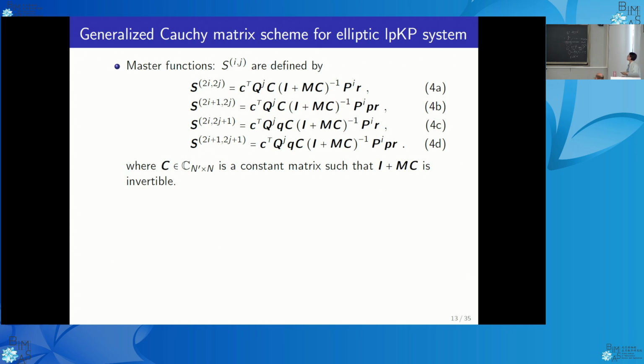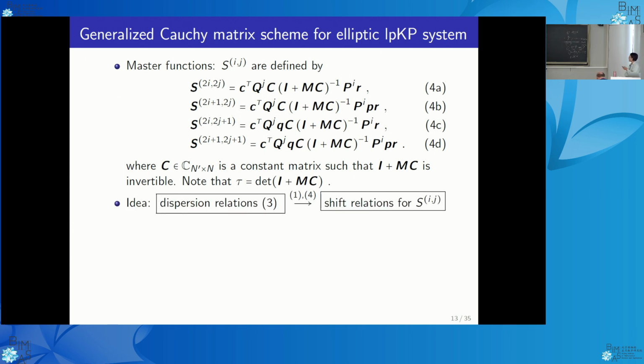And we also give master functions Sij defined by these formulas. Here C is a constant matrix such that I plus MC is invertible, and the tau function is given by the determinant of I plus MC.